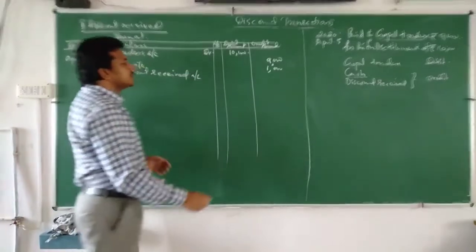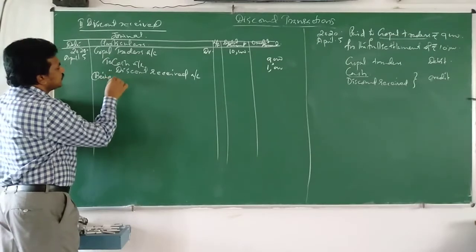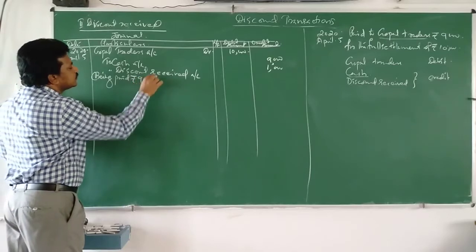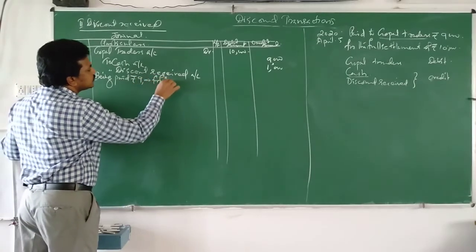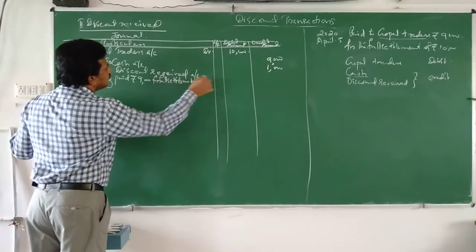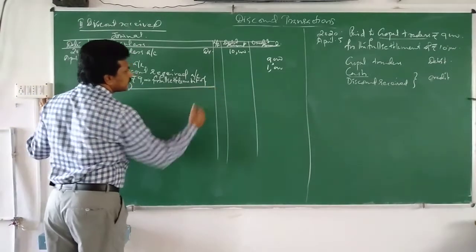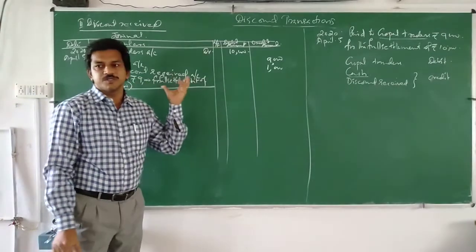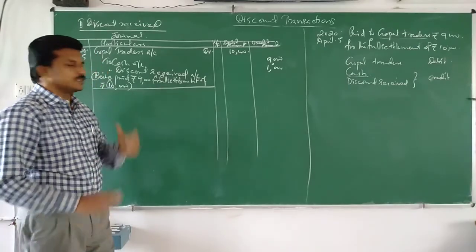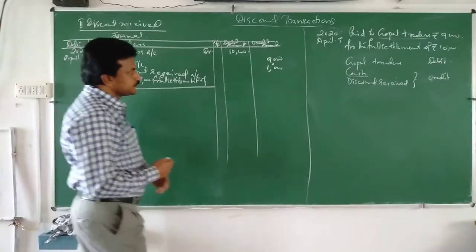That means we received discount 1,000. And the narration is: we paid rupees 9,000 for full settlement of rupees 10,000. Or you can write: paid rupees 9,000 and received discount of rupees 1,000. That also can be. And let us see another transaction.